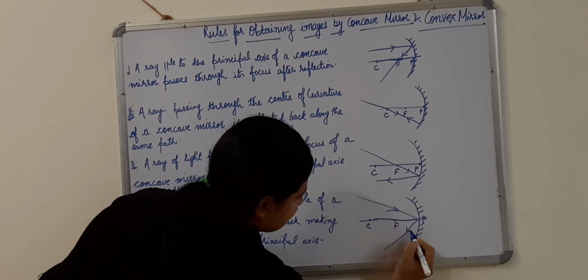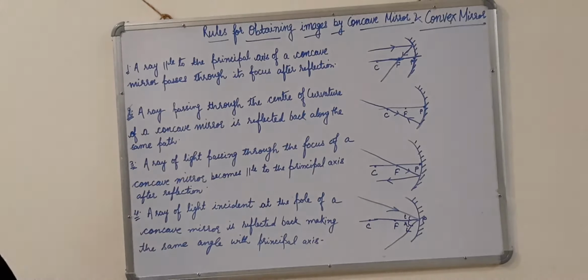Whatever this angle i is, angle i equals angle r. These are the rules which we are going to follow while drawing our ray diagrams in the case of a concave mirror. I am going to draw the same here for the convex mirror also, children. See.